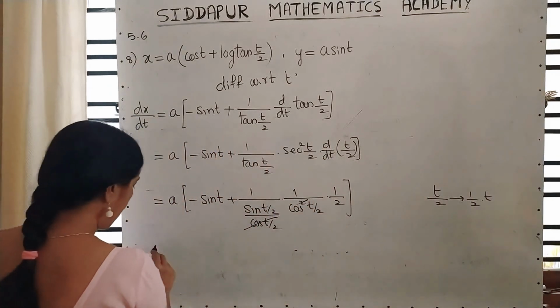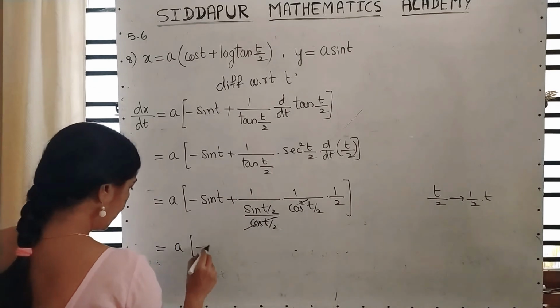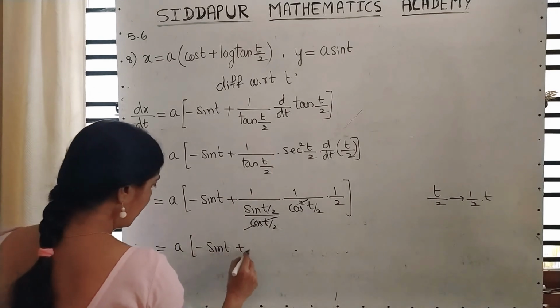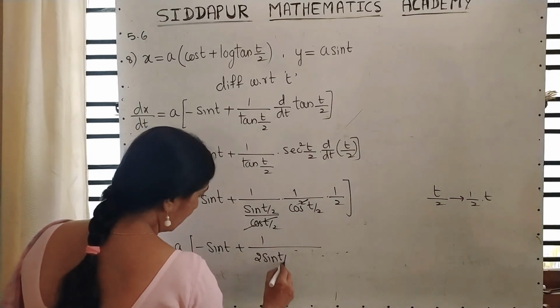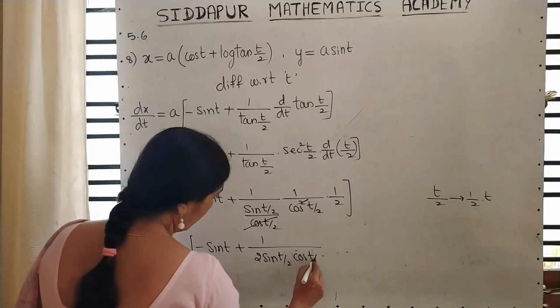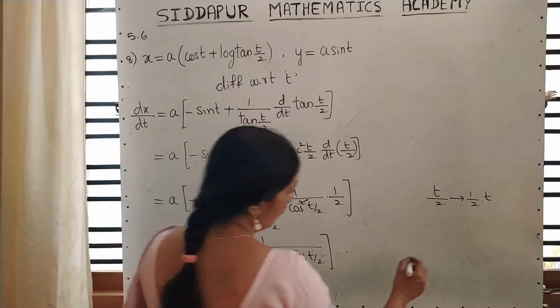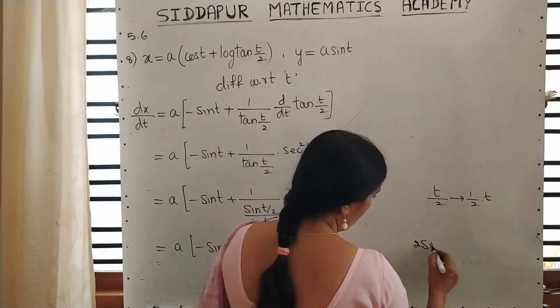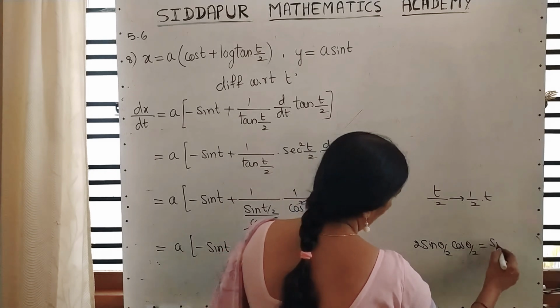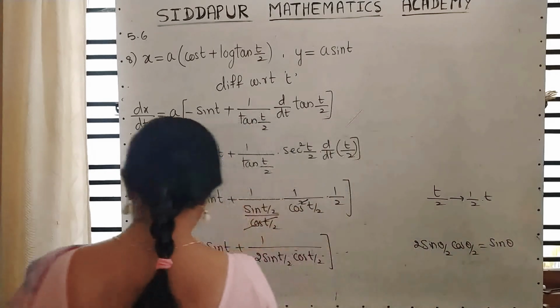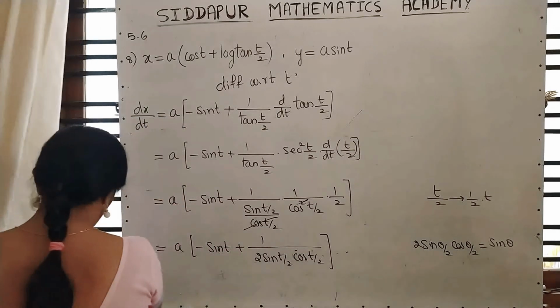One cos is cancelled with this. Minus sin t plus 1 upon 2 sin t by 2 into cos t by 2. Have you remembered this formula? 2 sin theta by 2 into cos theta by 2 is sin theta. Use that formula.